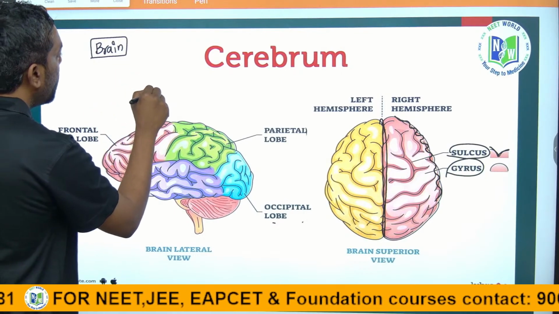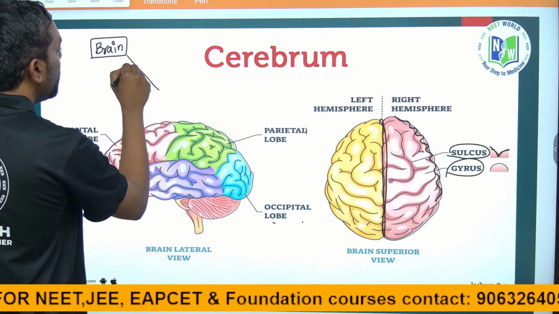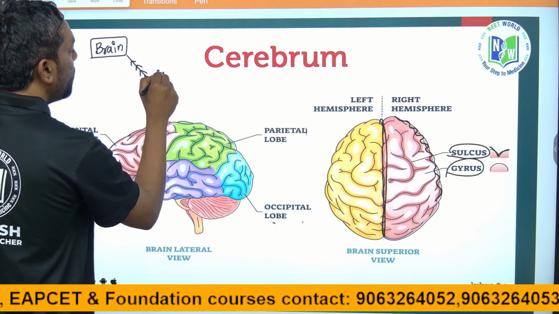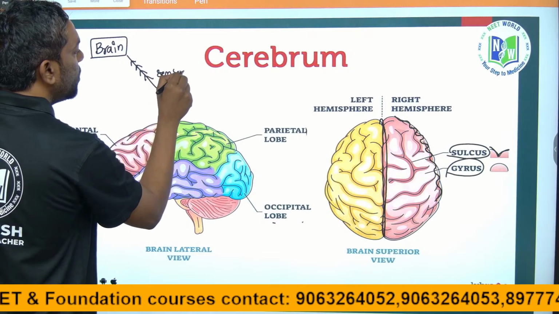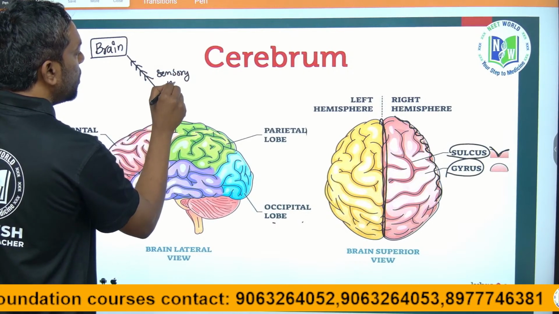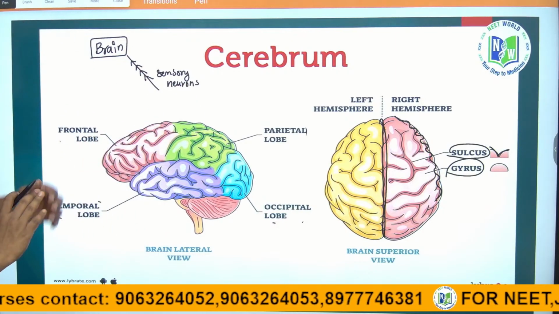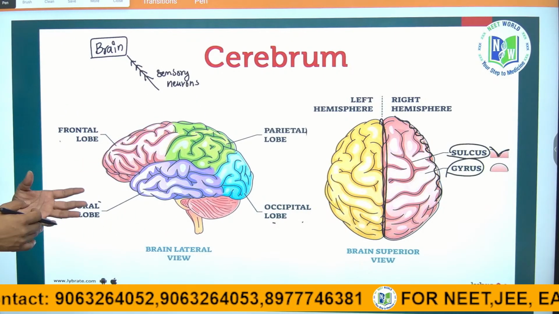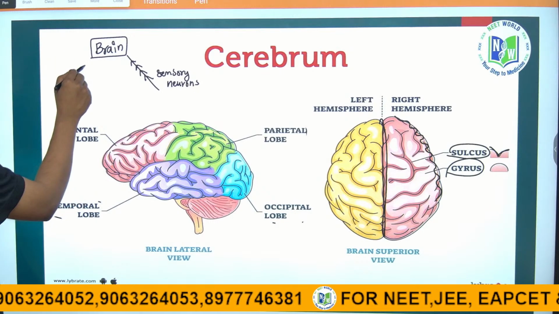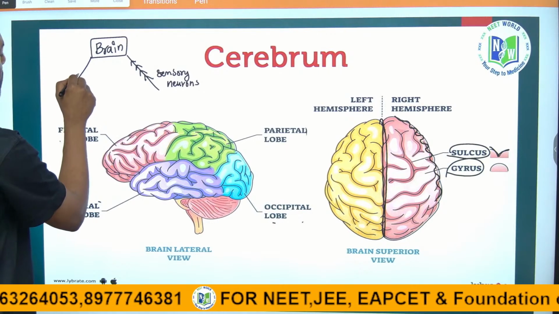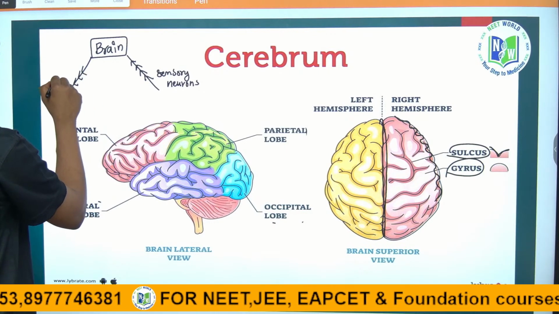It can take information from the sensory neurons. These are the sensory neurons. They carry information towards the brain. The brain can analyze it and give information to the motor neurons. These are the motor neurons.